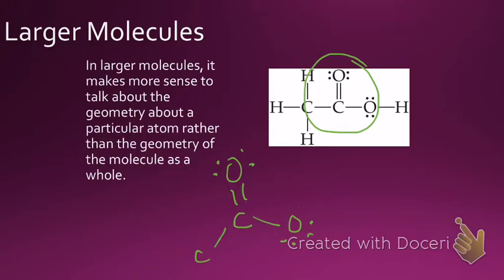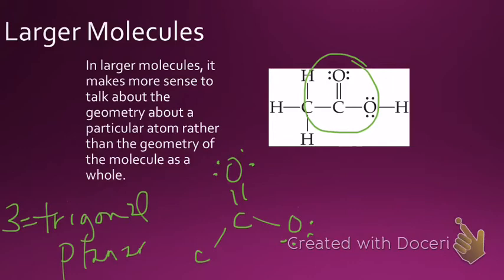So knowing what we know about the electron domain geometry, since it's 3, it's going to be trigonal planar. Now, is the molecular geometry the same as the electron domain geometry? For this carbon, it is yes, because around that carbon there are no lone pair electrons. So the two are one and the same. So in an ideal world, the angle made up by this carbon to this oxygen, that angle would be 120 degrees if it's trigonal planar.